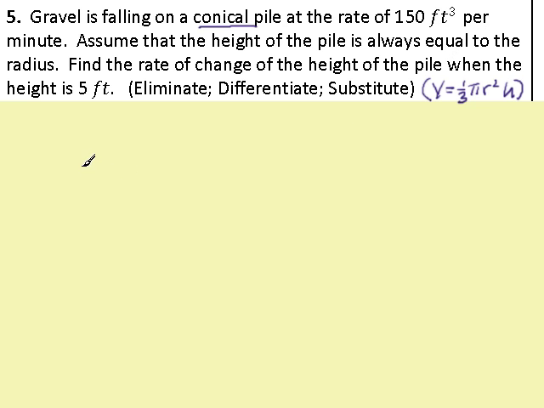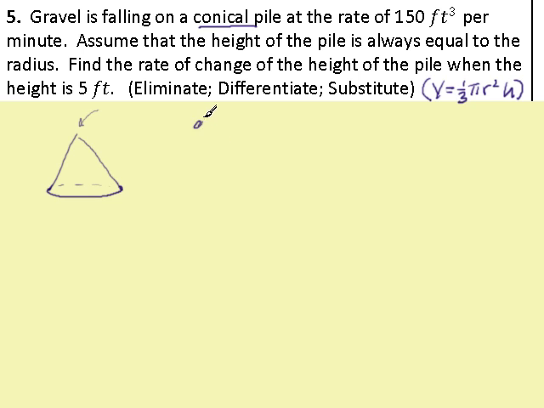That means gravel is falling and maintaining the shape of a cone as it falls. The rate at which the gravel is falling will be the same as the rate at which the volume is increasing. So that would be 100 cubic feet per minute.